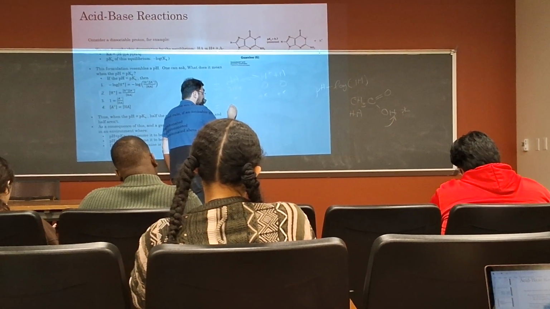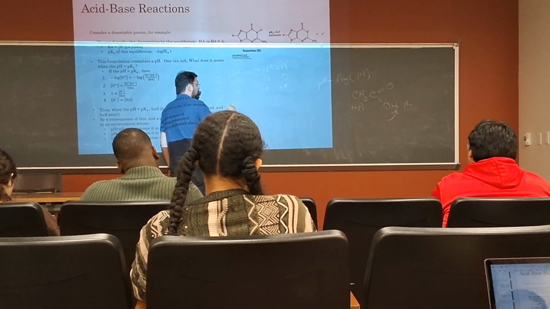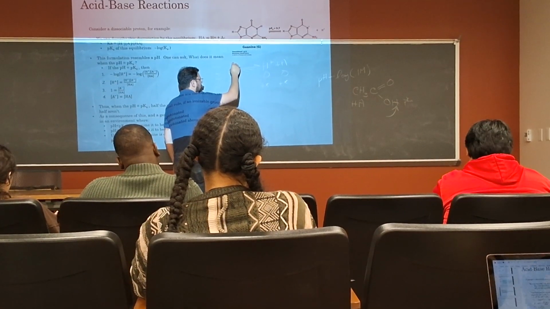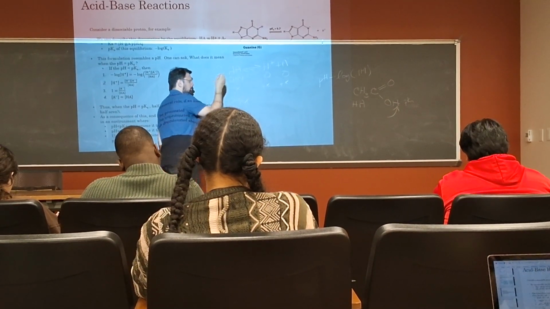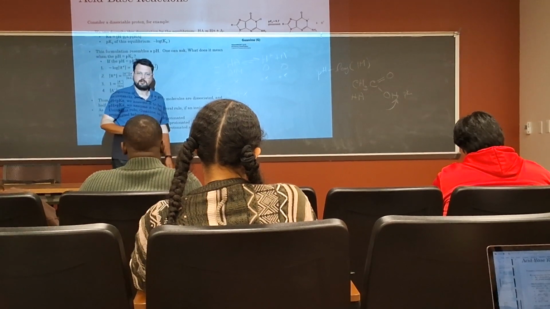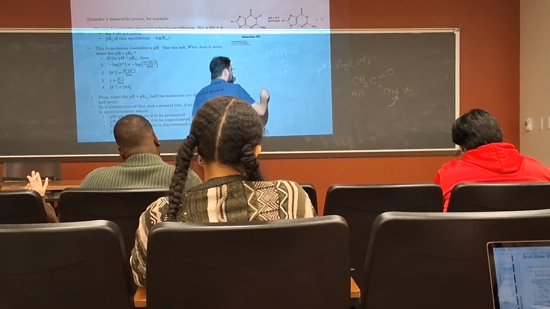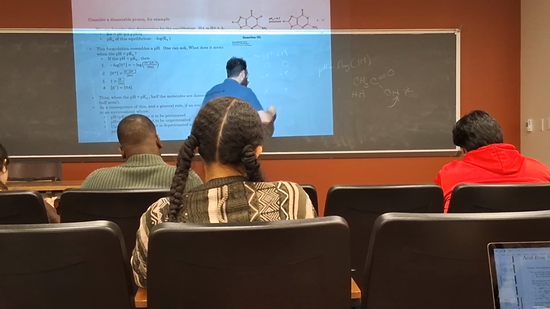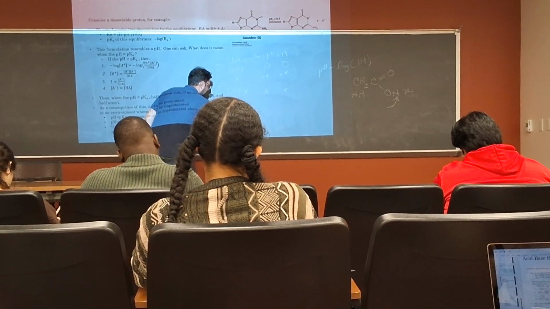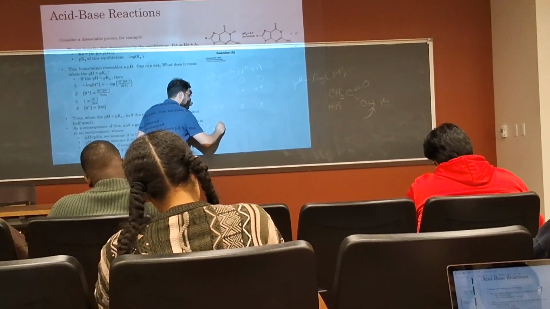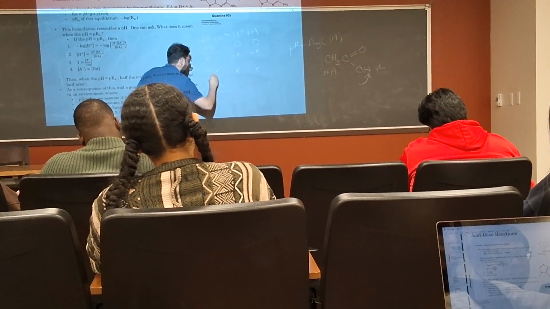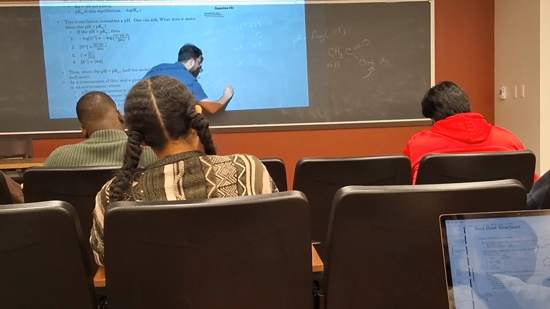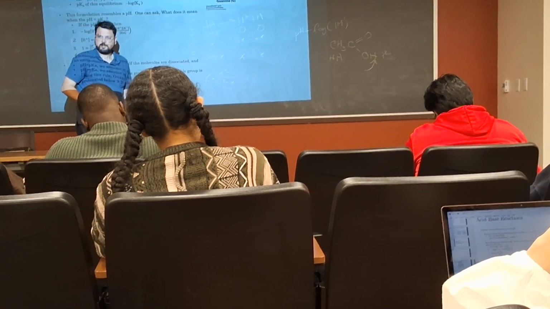Well, we have whatever we started with, 0.1 molar of HA minus X. We don't know what X is, but that's what it is, right? And that means that also at equilibrium, H plus is just X, and A minus is X. So our equilibrium constant K is X times X, so X squared, over 0.1 minus X, right?